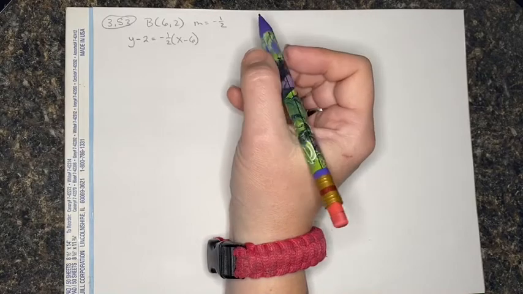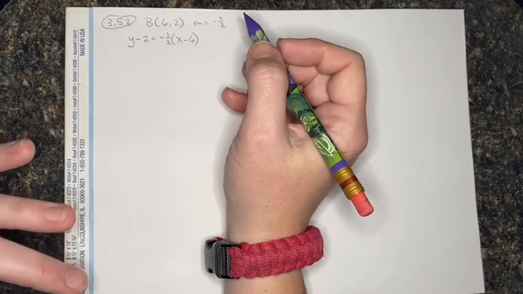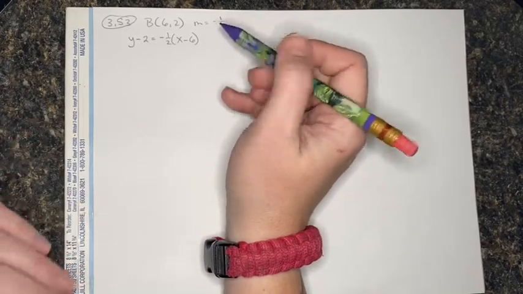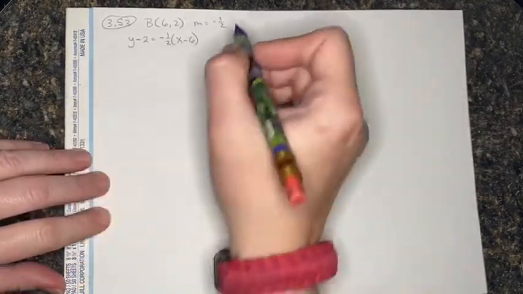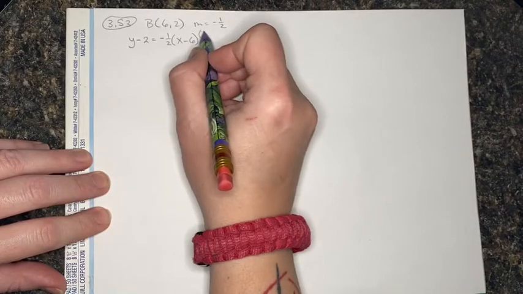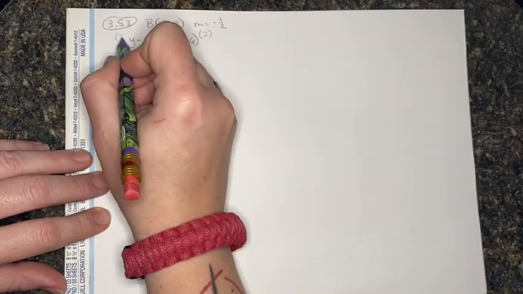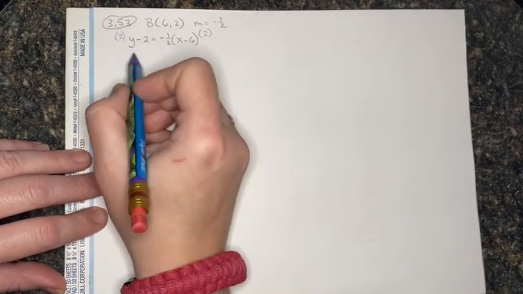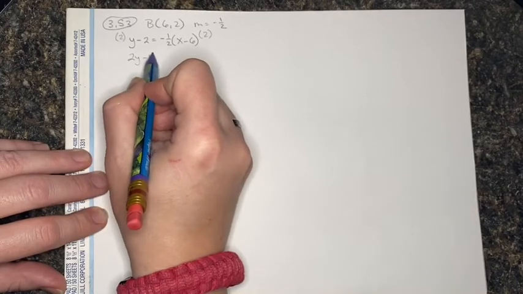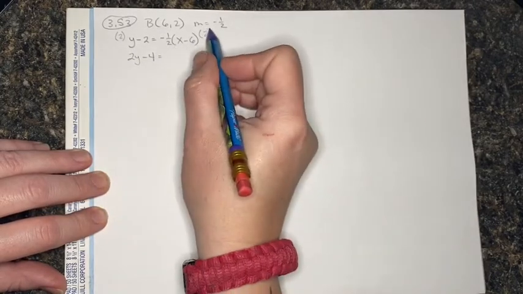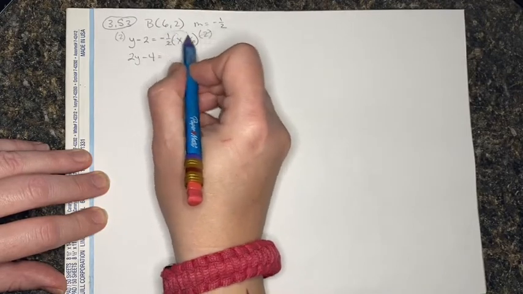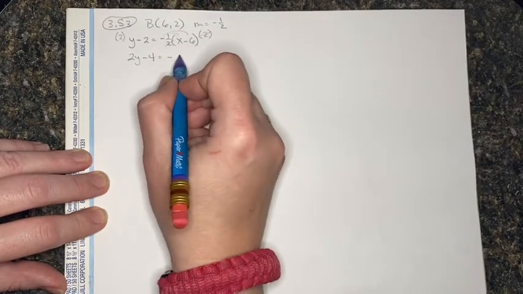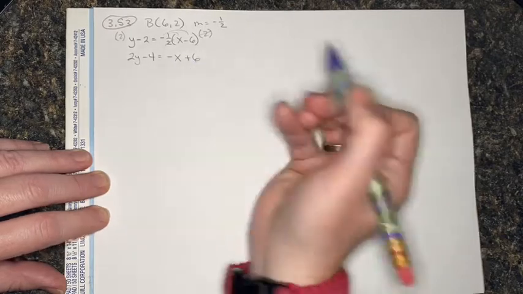The easiest way, we've done this in the past, to get rid of this negative 1/2 is to multiply the whole thing by 2. So we're going to multiply both sides of this equation by 2. So that leaves us with 2y minus 4 equal to, now these cancel, so now we have this negative that we're going to distribute through. It's equal to negative x plus 6.